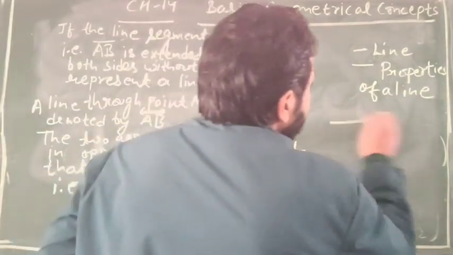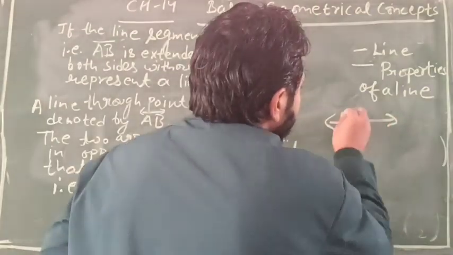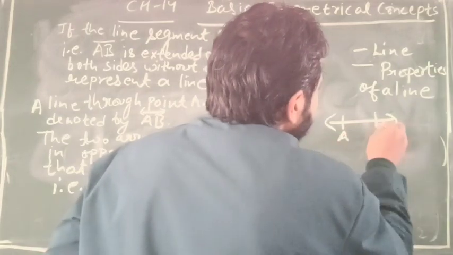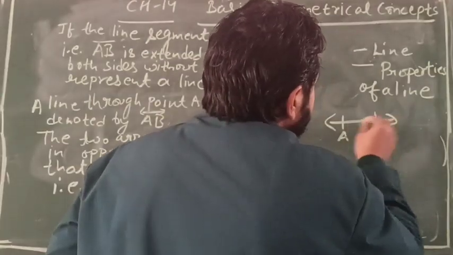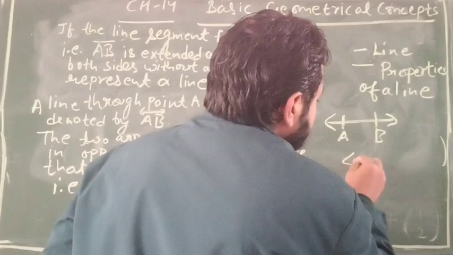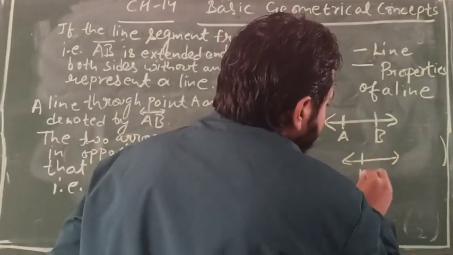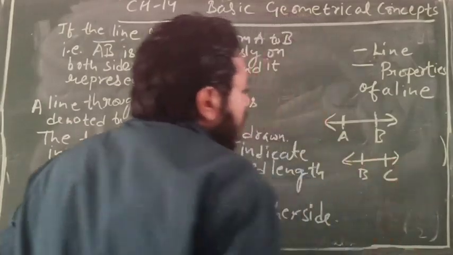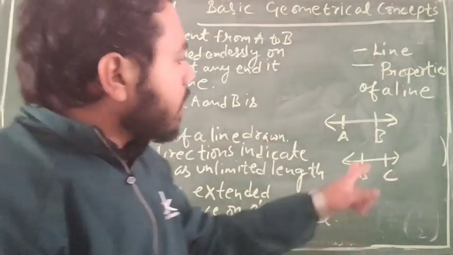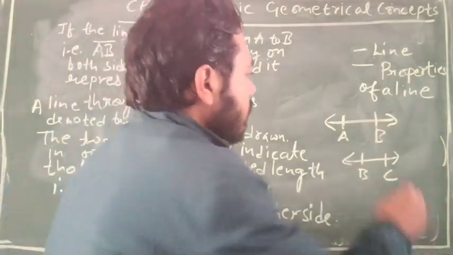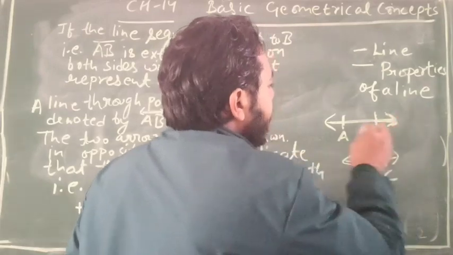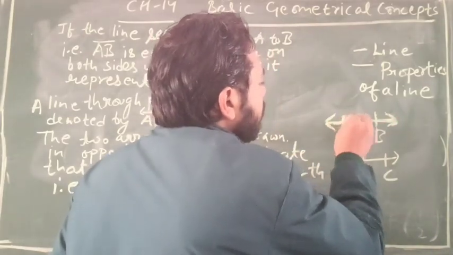So here you see that this is a line AB. This is a line BC. You notice that there are two arrows here, this arrow and this arrow.